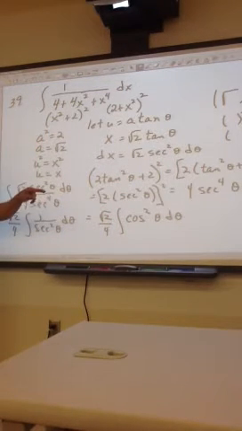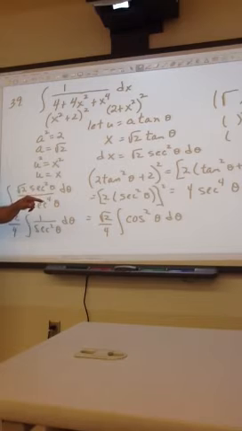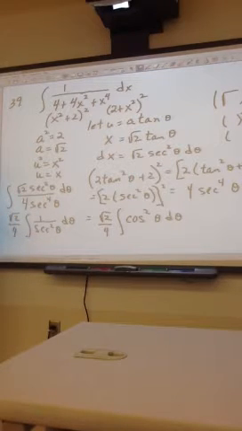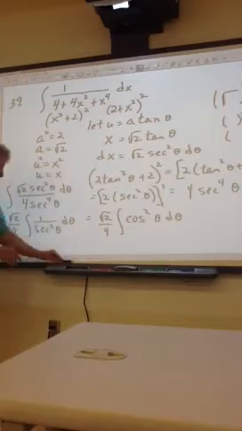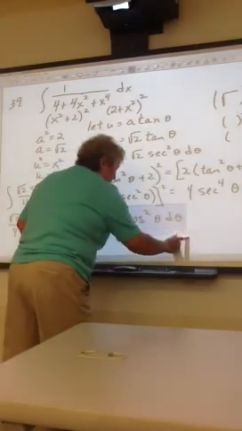If the power on the trig function is even, you need to do a power reducing formula. So I'm going to cut this out and try to put it on the next page.